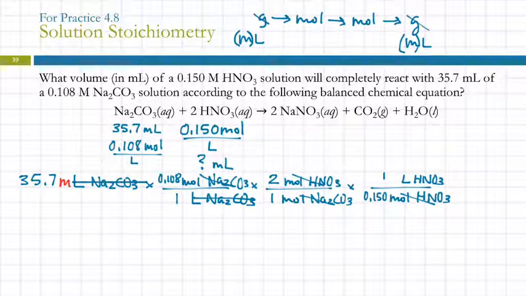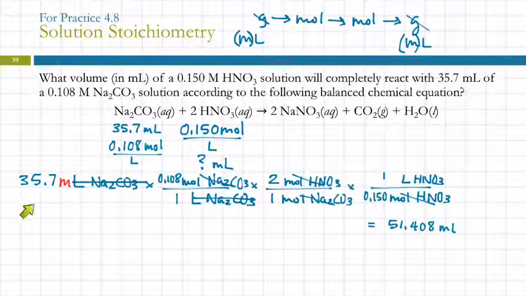So the way these units work out, I have this milli that I set aside, and I have liters. Everything else canceled out, so my unit at the end is going to be milliliters. The 35.7 times 0.108 times 2 divided by 0.150 equals 51.408 is what my calculator says.